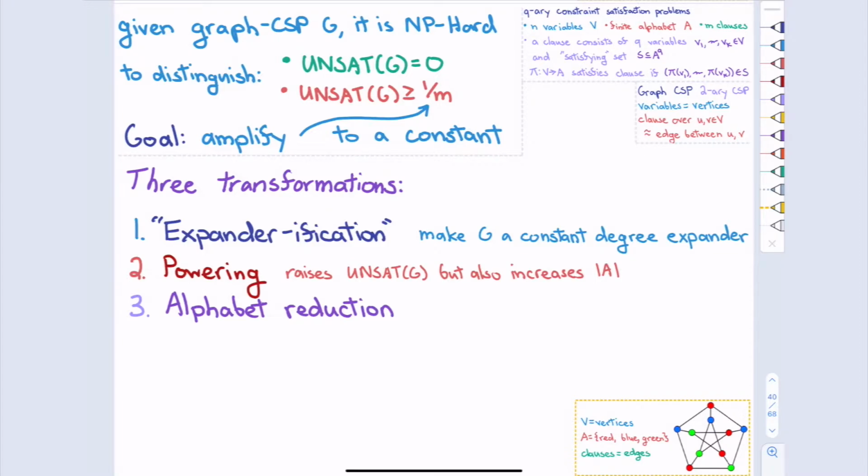Although we also have to adjust the corresponding constraints at the same time. So it's more than just a graph transformation. Okay, but it's building a lot of graph ideas and gradually try to ramp up unsat by a little bit, say like double unsat with each iteration without increasing the size of the graph by too much.